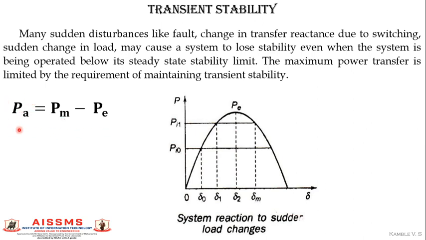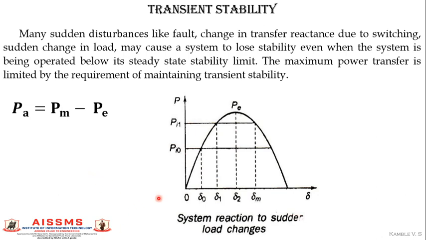PA stands for accelerating power, PM for mechanical input power, and PE for electrical output power. PA is equivalent to TA, the accelerating torque. PM is equivalent to TM, the mechanical torque, and PE is equivalent to TE, the electromagnetic torque.